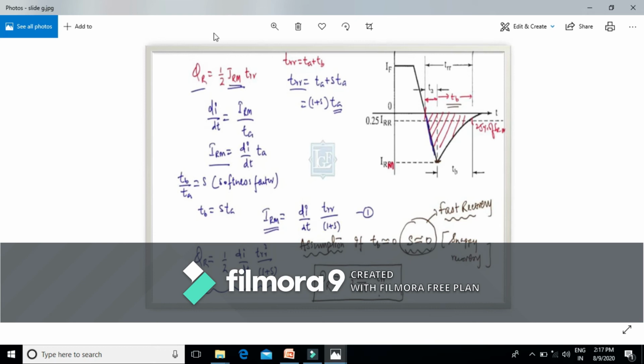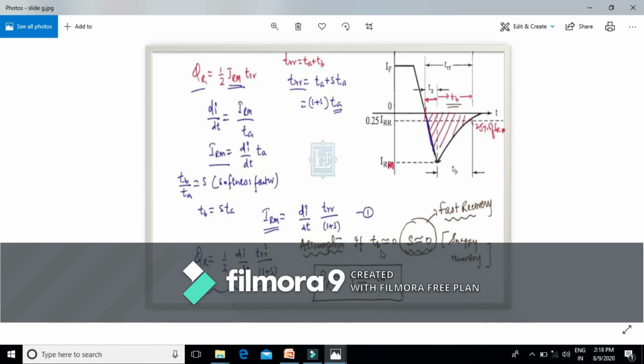If we put this value in this equation, that is equal to di/dt TRR squared divided by 1 plus S. If we assume that TB equal to 0, that means there is no charge carrier in the depletion layer. That means after this peak value, the time taken by this reverse current to become zero is very less.